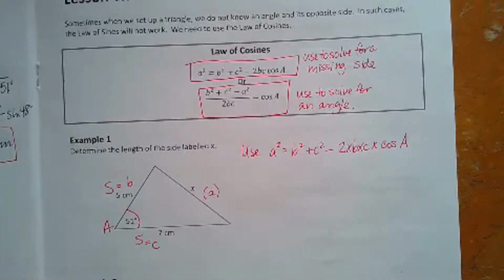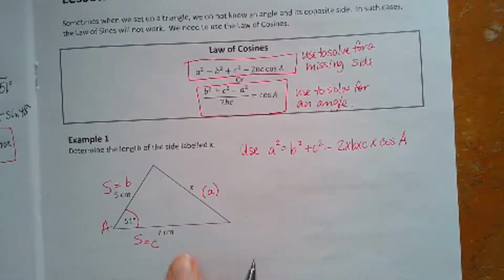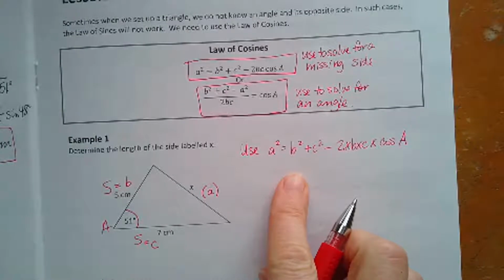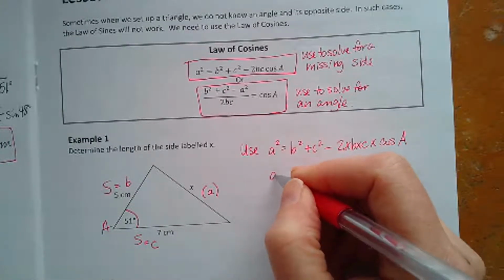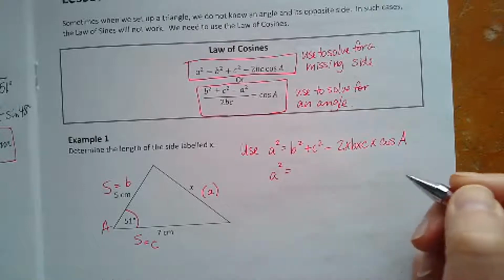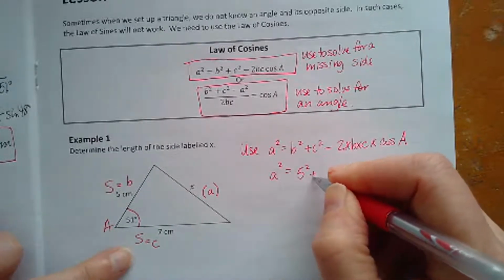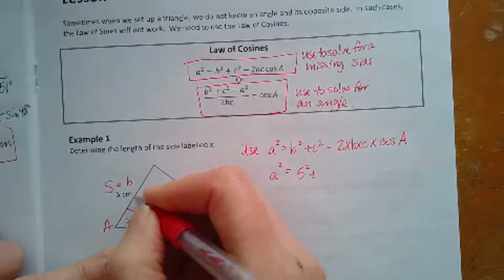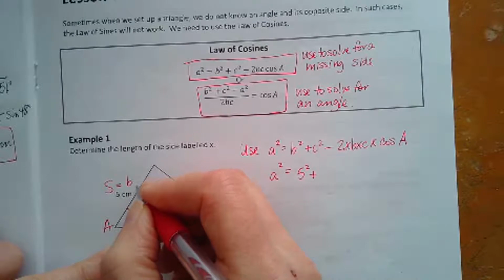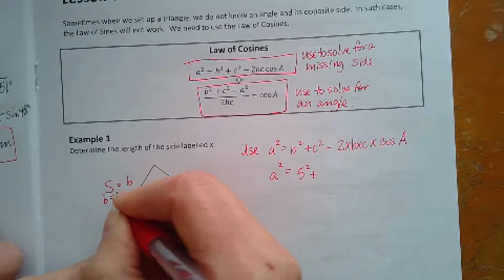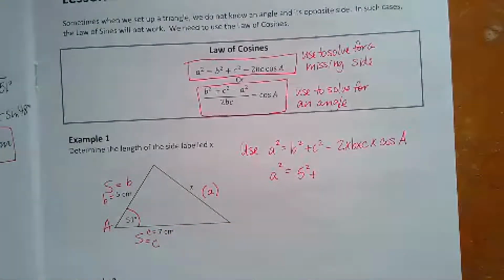It doesn't matter at all, but this side is clearly side A. So when I put all the information into the formula, okay, I'm going to say A squared equals B squared plus C squared, right? So I guess we'll say B is 5. That's maybe a better way to put it. C is 7. Okay.